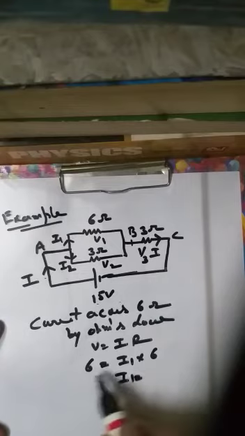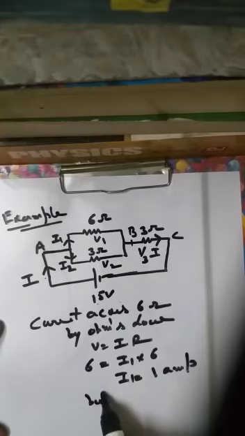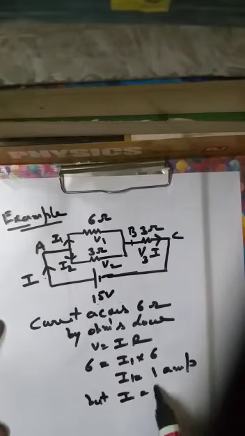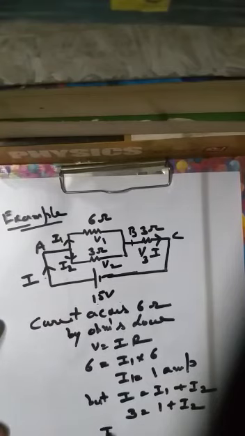I1 is equal to 1 ampere. But I is equal to I1 plus I2. 3 is equal to 1 plus I2. I2 is equal to 2 ampere.